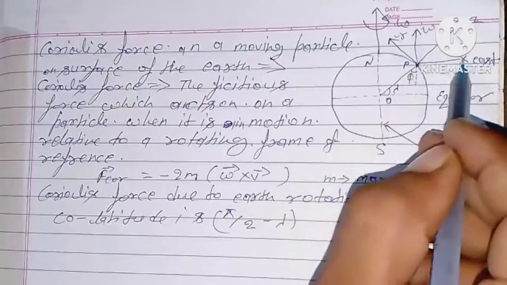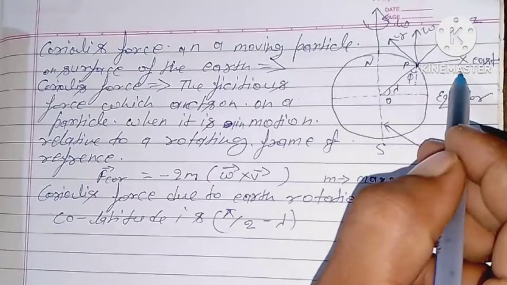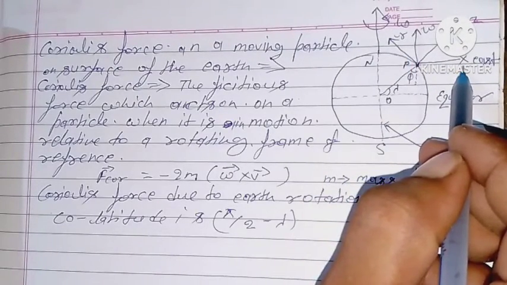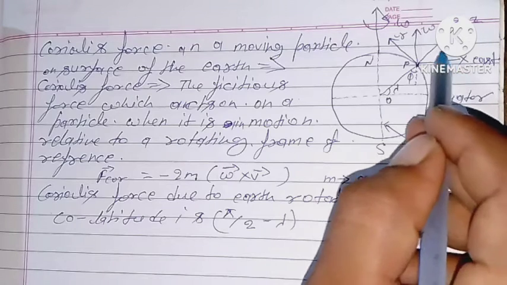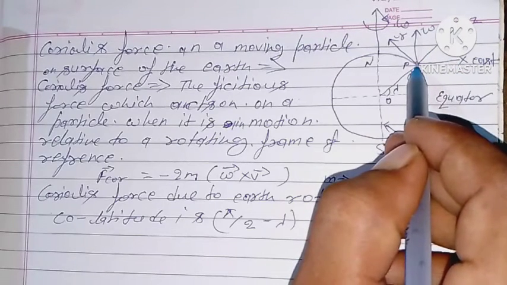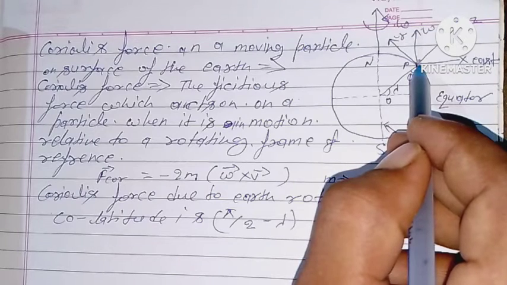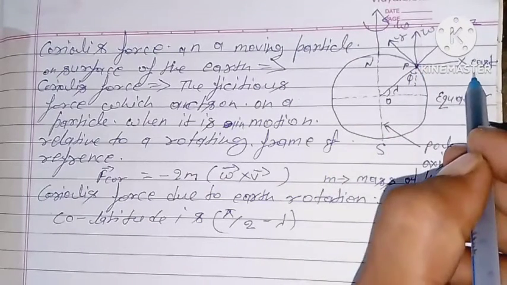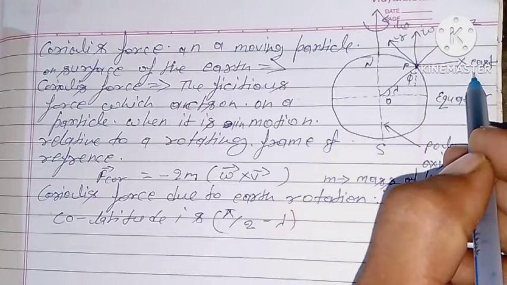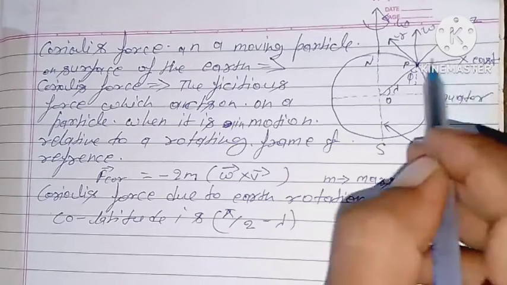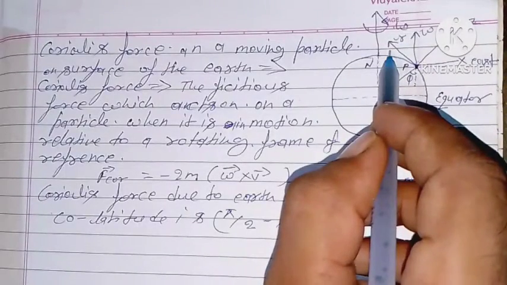The xy plane is the horizontal plane containing the point P. The x-axis points towards the east and the y-axis points towards the north.